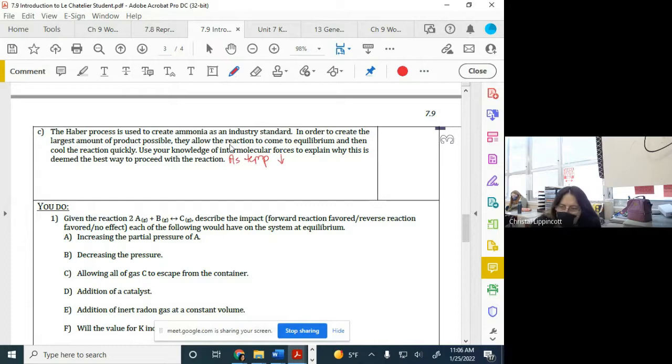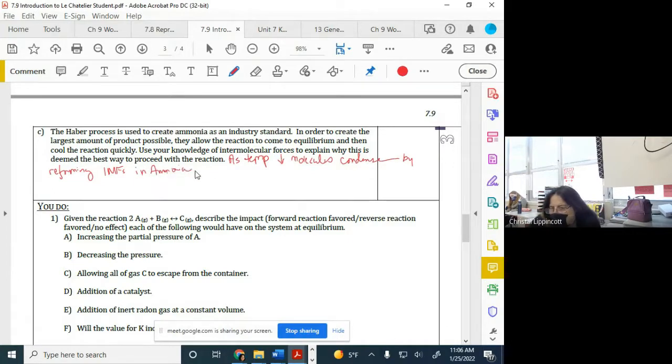Well, as the temperature decreases, the molecules are going to condense. And they're going to do that by reforming IMFs, intermolecular forces, okay, in the ammonia.